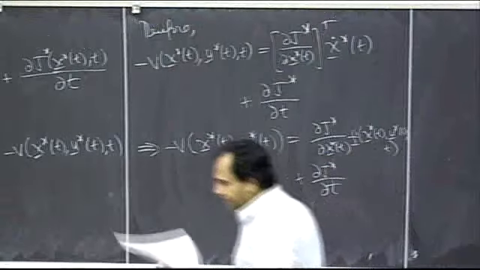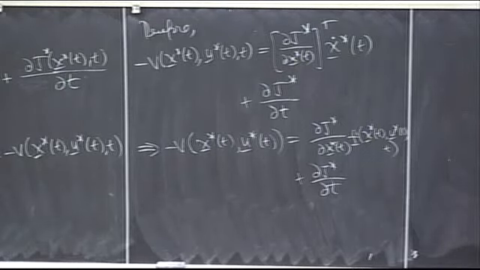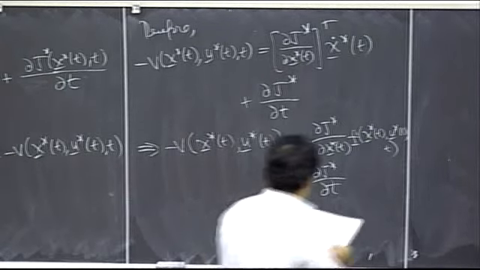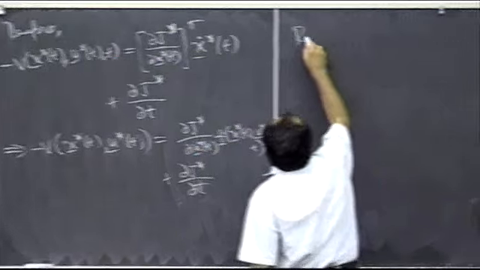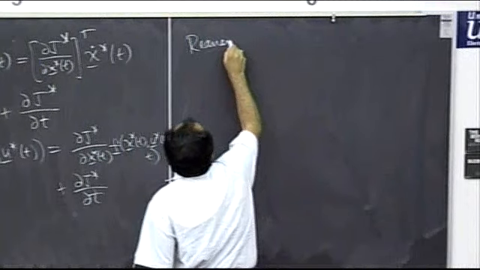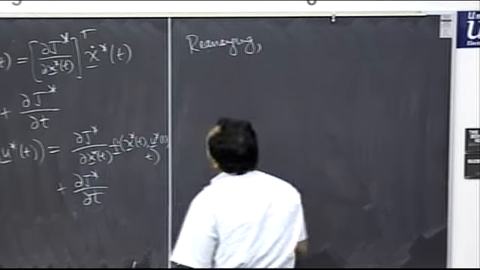So suppose that we put everything on one side of the equation. If I rearrange this, what do we get?